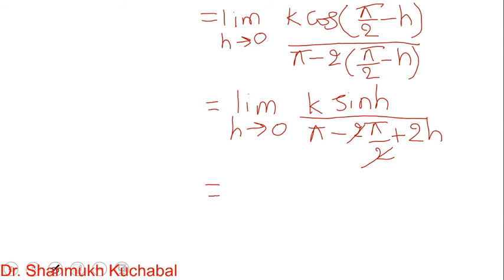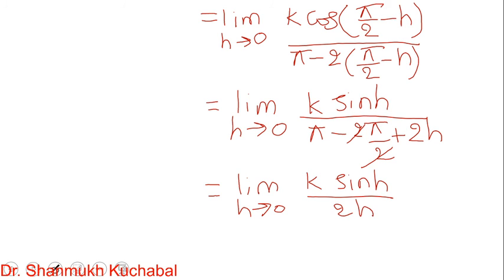So we get limit h tending to 0 of k sin h divided by 2h. We know the standard limit sin h by h is 1.